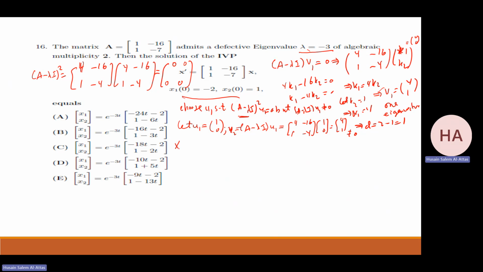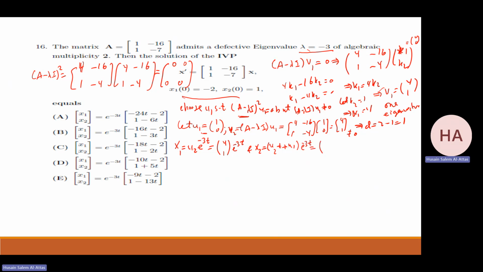So x1 will be u2 e to the power minus 3t, and that will be 4, 1, e to the power minus 3t. And what is x2? u2 t plus u1, e to the power minus 3t.